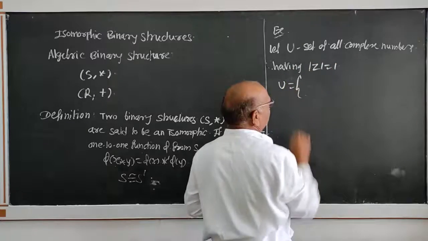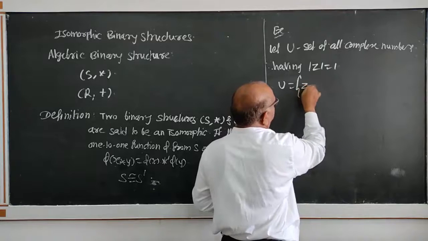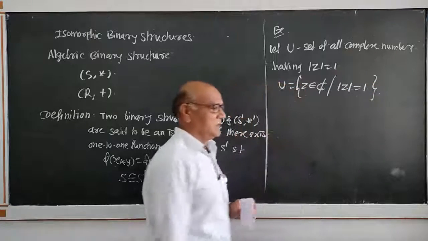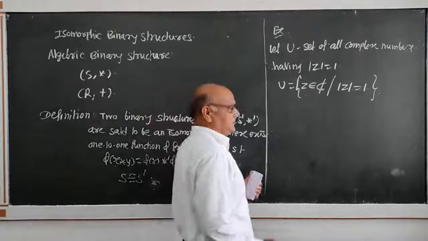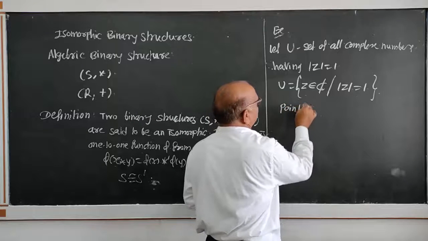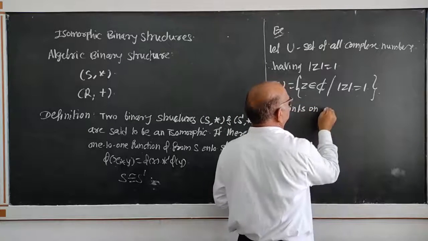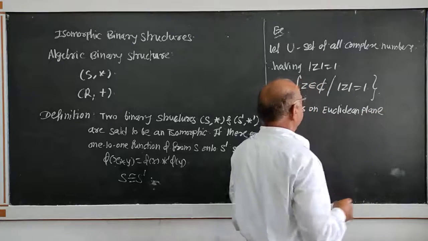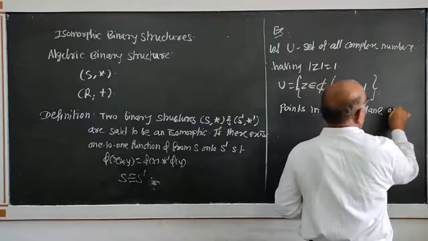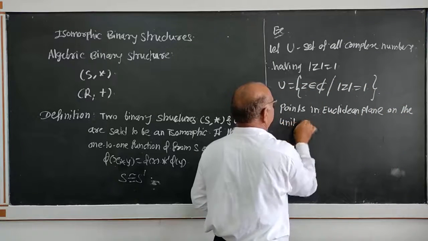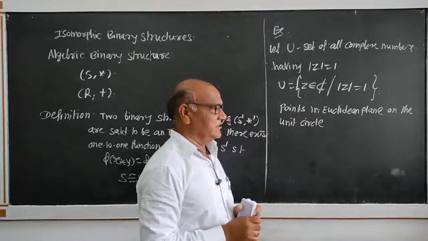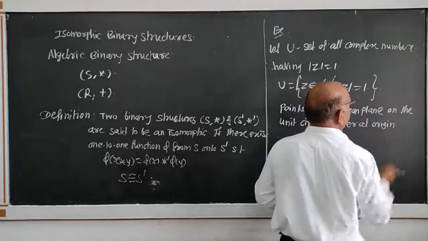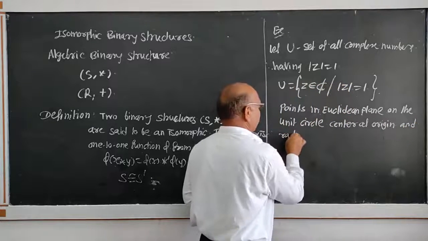That means U is equal to z belongs to complex such that mod z is equal to 1: the points in the Euclidean plane on the unit circle, center at origin and radius 1.